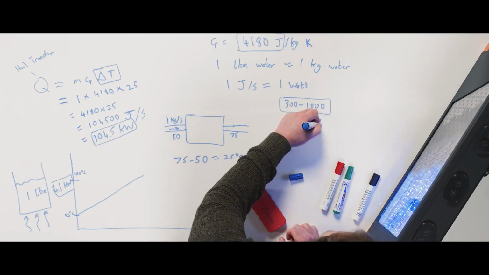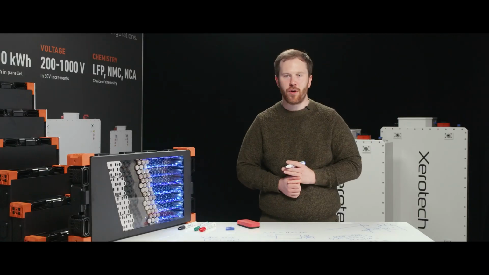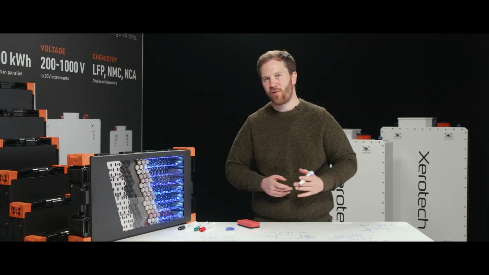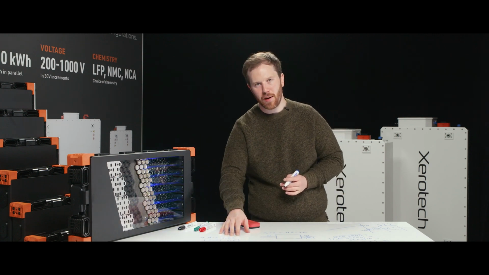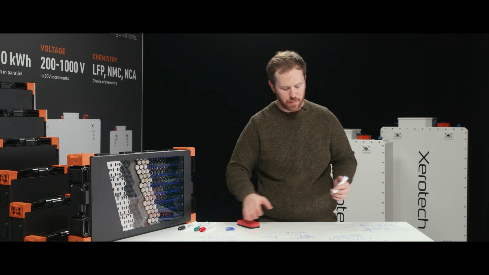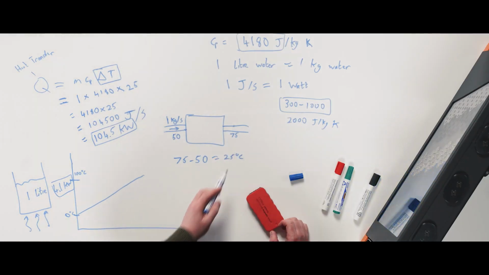Even oils, like the ones used in battery immersion cooling, have only about 2,000 joules per kilogram Kelvin. And other novel and unusual materials like dielectrics, like Novec and many others, have an even lower heat capacity. That's important because when you're using them to cool something, they rise in temperature much more quickly than water.